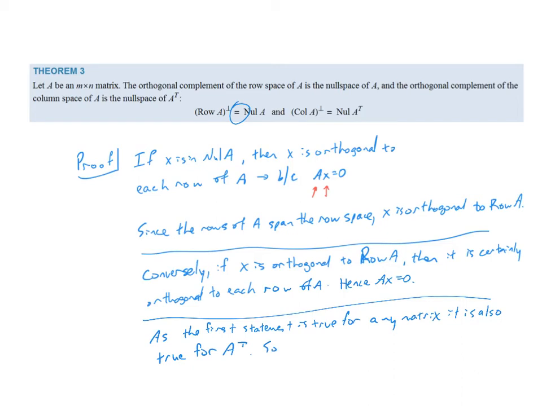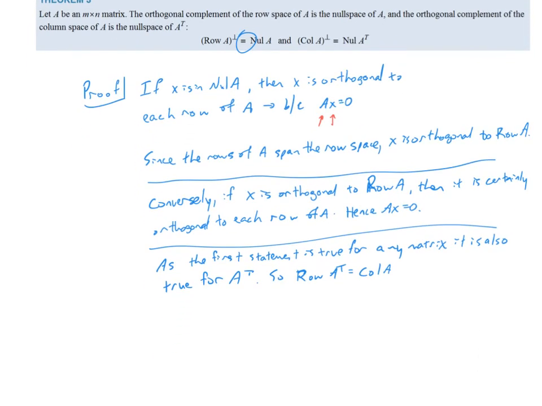So the row space of A transpose is the same thing as the column space of A, and the orthogonal complement of the row space of A transpose is equal to the orthogonal complement of the column space of A, which is also the null space of A transpose. There we go. All right, so that is the end of that proof.